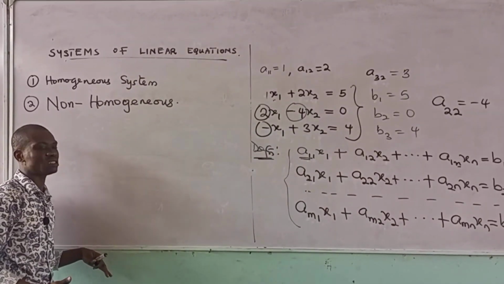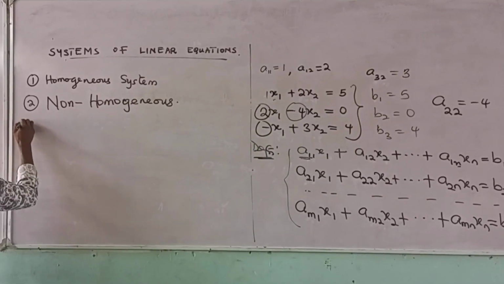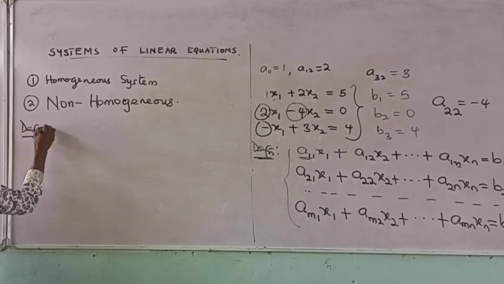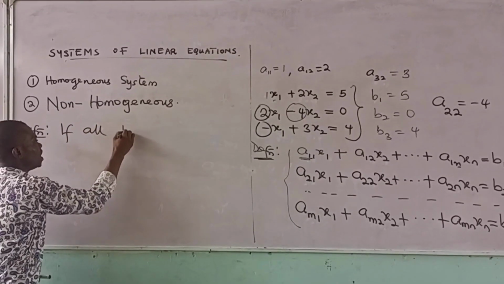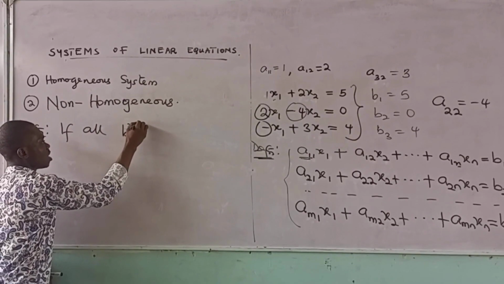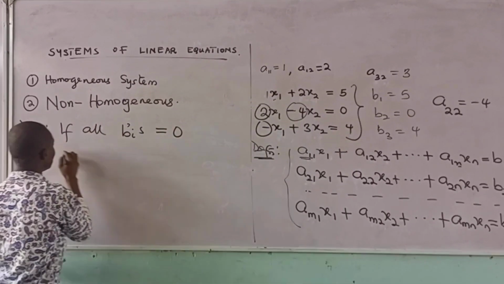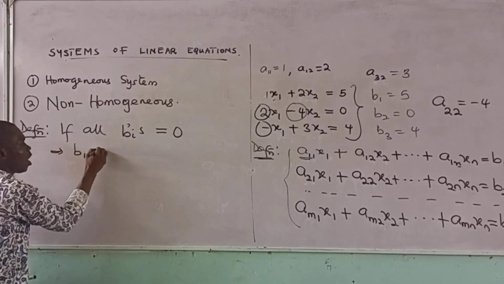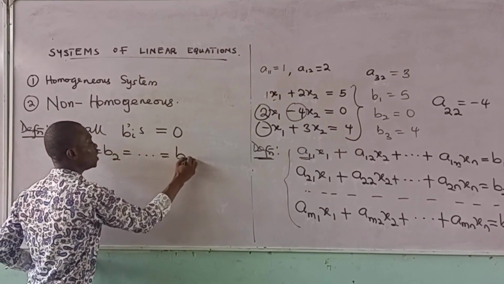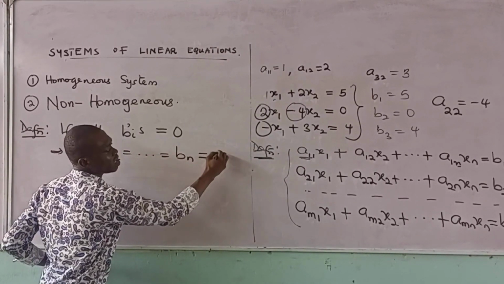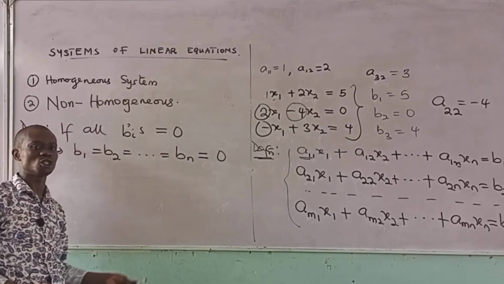Let me even use the general representation. If I have any system of equations such that all my bi's are equal to 0, I'm defining homogeneous now. In other words, if my B1 is equal to B2 equal to dot dot up to Bn, if everything is equal to 0, then the system you have is a homogeneous system.